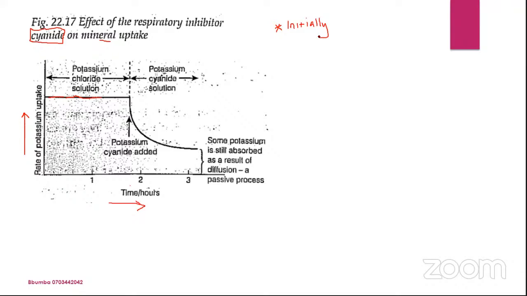And from 1 hour 40 minutes to 2 hours and 20 minutes, the rate of potassium uptake reduced gradually. And from 2 hours and 20 minutes to the end of the experiment, the rate of potassium uptake almost leveled off.